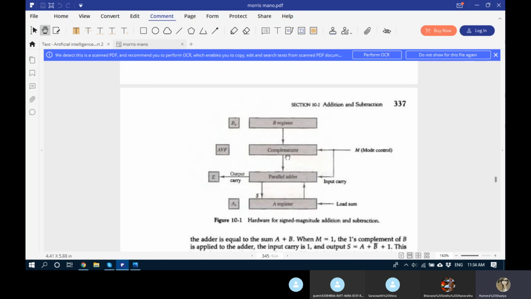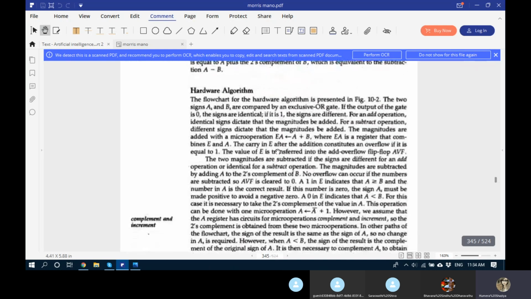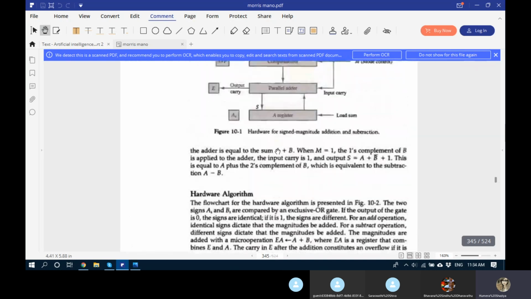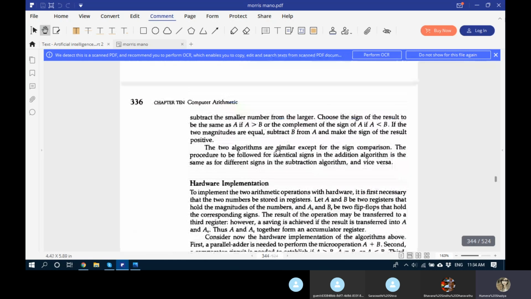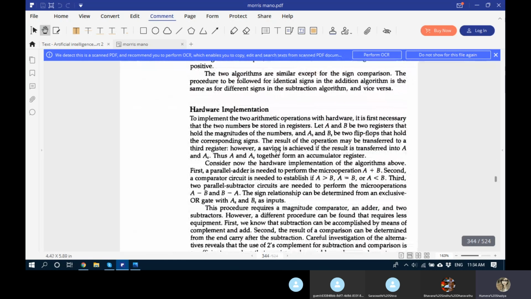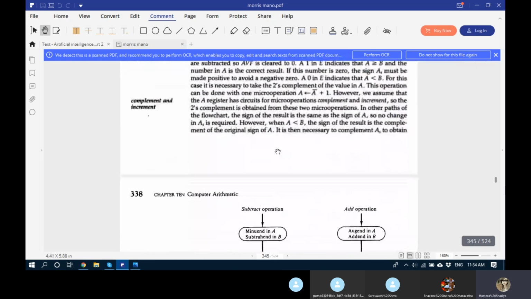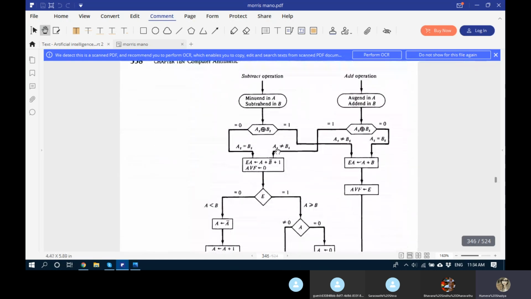So we also have to complement the subtrahend when you are doing subtraction operation. So this is the hardware. This is the hardware implementation. Next one is the algorithm. This is the algorithm.